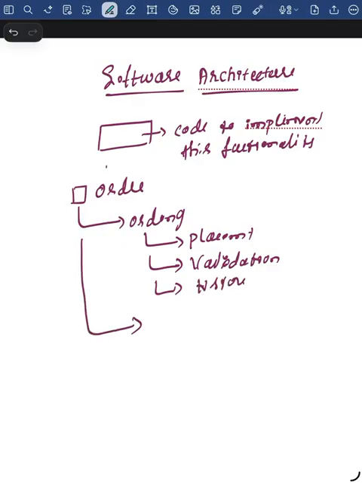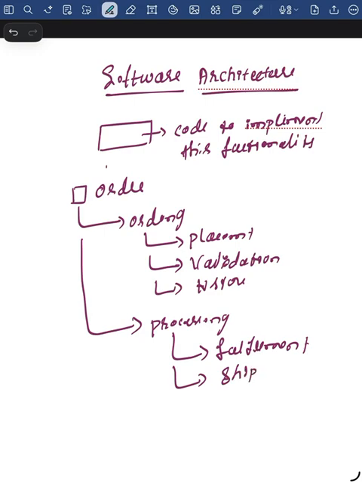Then we have processing. Inside processing, we have fulfillment and shipment. So each leaf node of this directory structure has a functionality. This is payment processing.